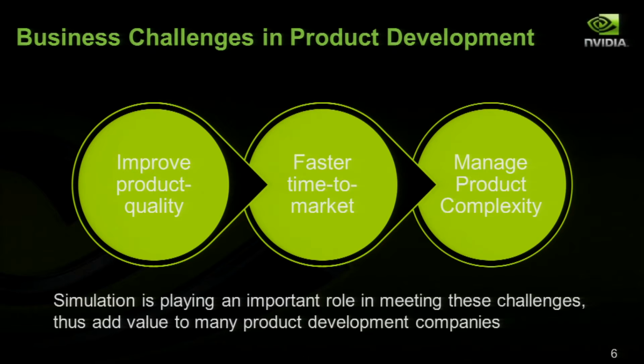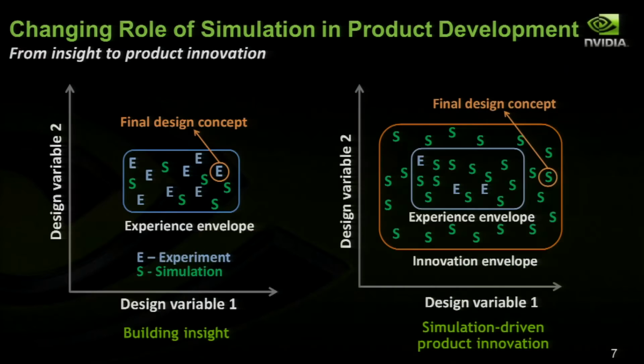So it is adding a lot of value to product development companies, such as automotive companies. And not only is simulation widely used, but the way simulation is being used is also going through a drastic change. In the past, simulation was mainly used to explore the design space that we know very well.